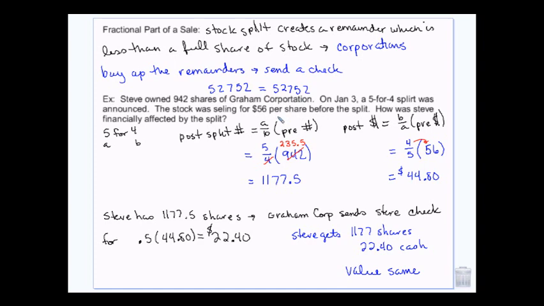Steve is not financially affected by the split at all. Stock splits do not financially affect the stockholders. Stock splits financially affect the perceived value of the stock and the company.